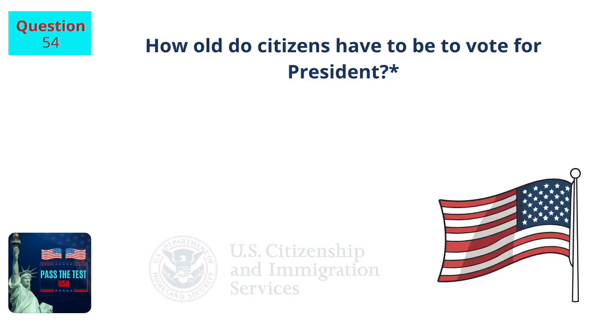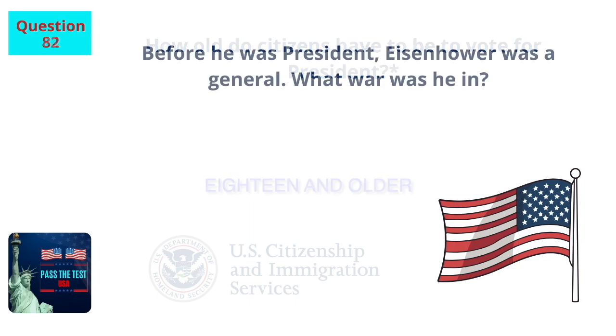How old do citizens have to be to vote for president? 18 and older. Before he was president, Eisenhower was a general.